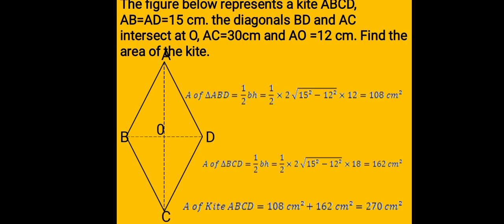And then multiplied by half, we get the area of that triangle to be 162. Now the area of the whole kite ABCD will be the area of triangle ABD plus the area of triangle BCD, which is 108 centimeters squared plus 162 centimeters squared, which gives us 270 centimeters squared.